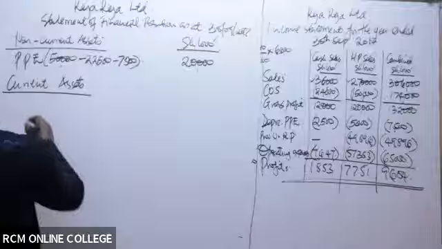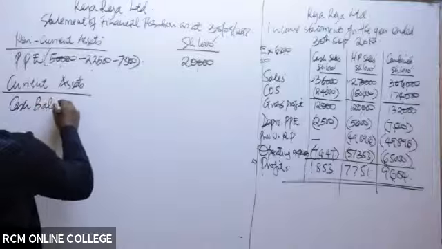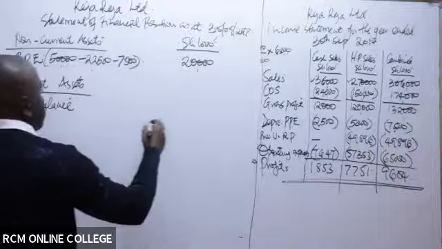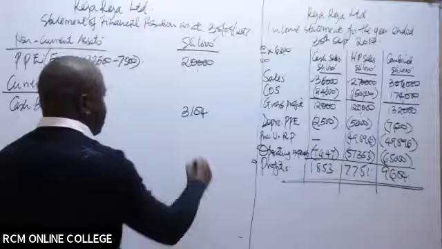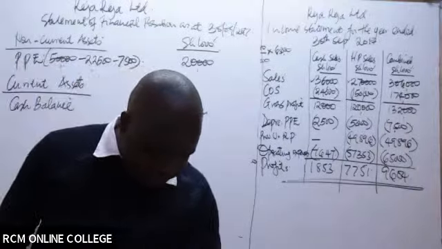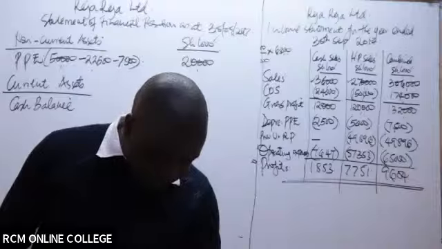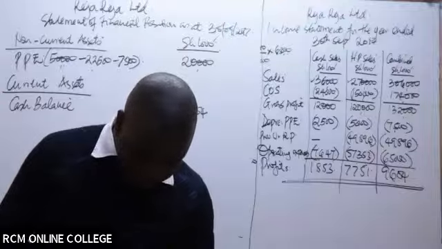The cash balance in the bank is an asset. There's an amount of 3104.